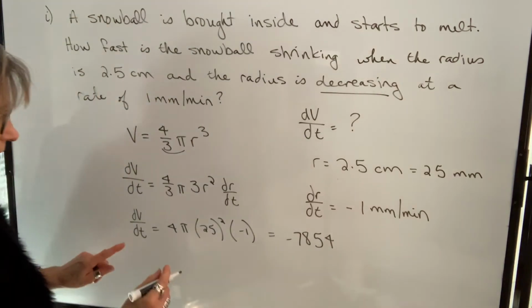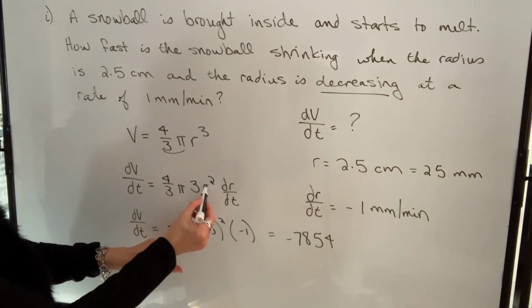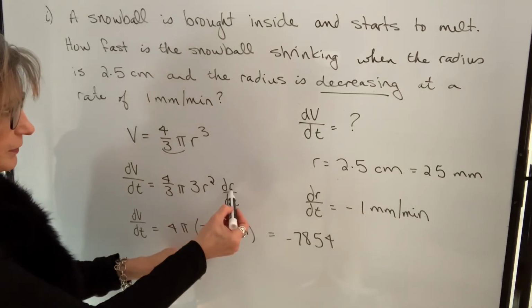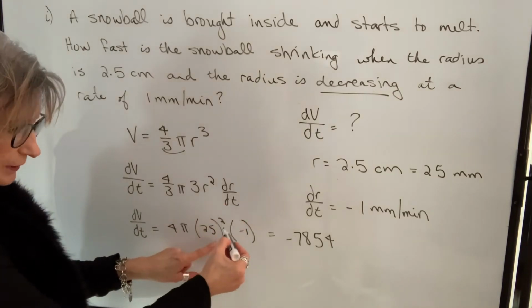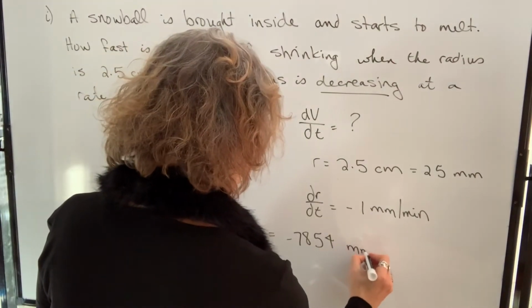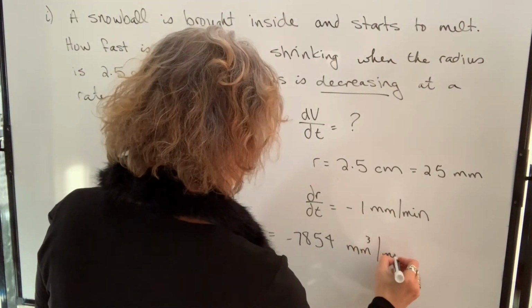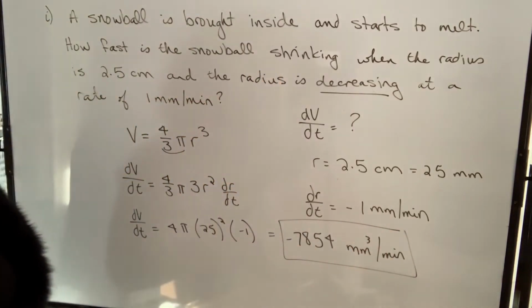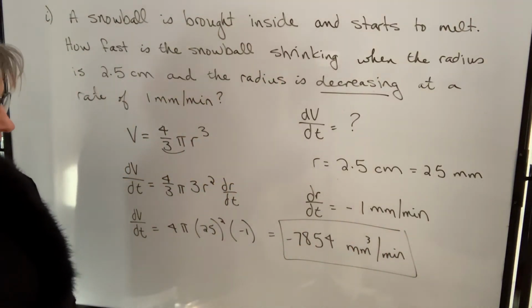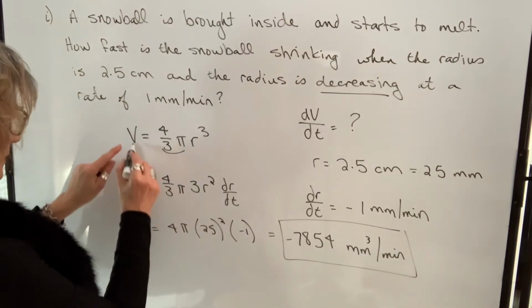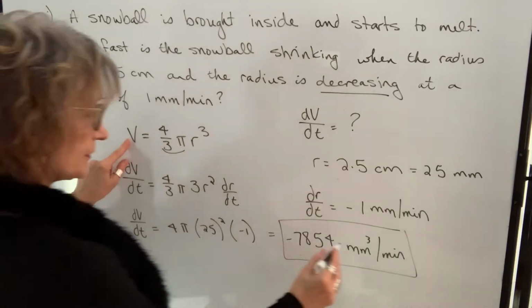Now my unit, if I had millimeters for my radius, when I square it I get square millimeters, and here I have millimeters per minute, so the millimeters will multiply and I'll get cubic millimeters per minute. So the volume is decreasing at a rate of -7,854 cubic millimeters per minute. And that makes sense because volume should be measured in cubic millimeters.